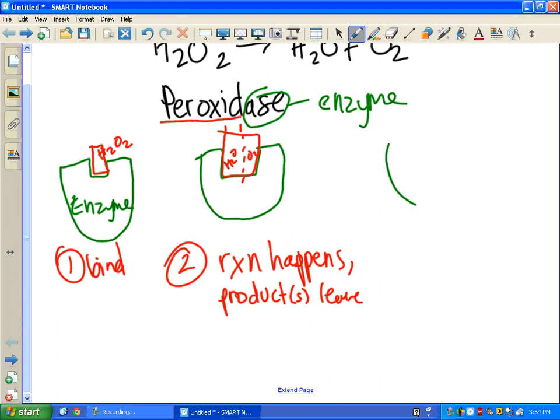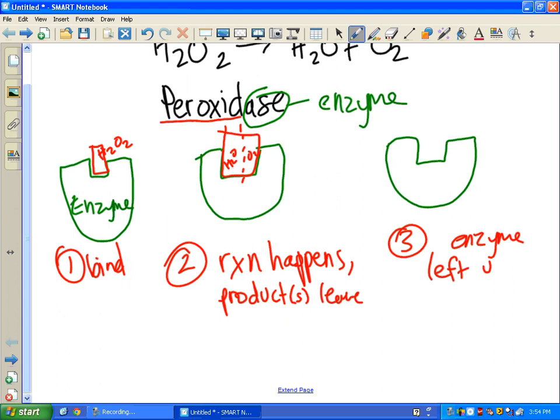And as we discussed, after that's over, the enzyme is left unaffected. That is the reason why, if this enzyme comes across another hydrogen peroxide, the same reaction will happen again.